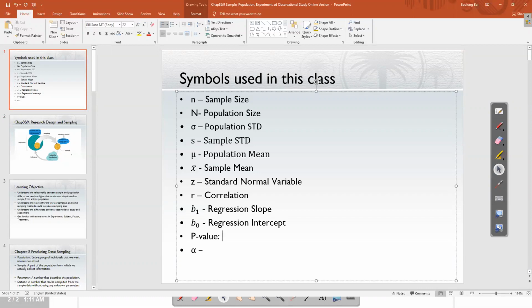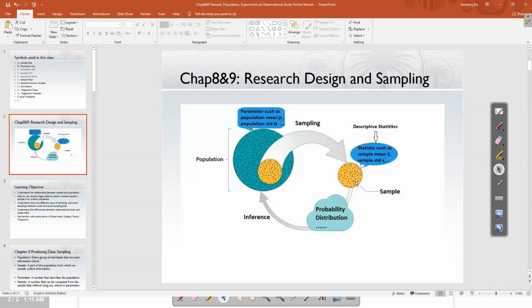P-value and alpha, they're both used in hypothesis test. P-value is a probability. So think about if you draw a sample from the population, when you randomly draw samples, then you could have many, many different possibilities, right? But you only collected one sample from the population to do your research.